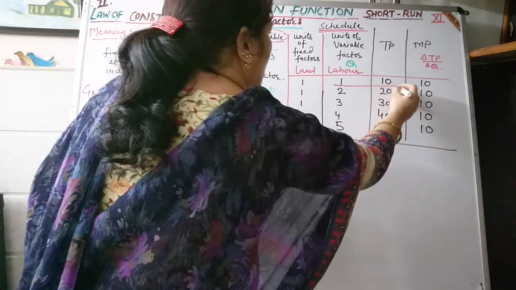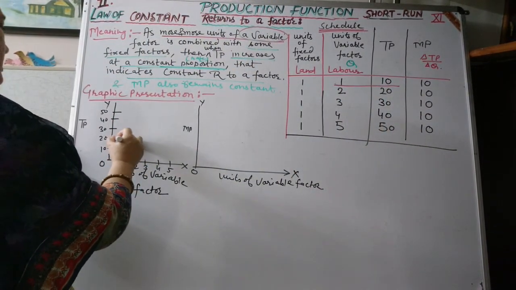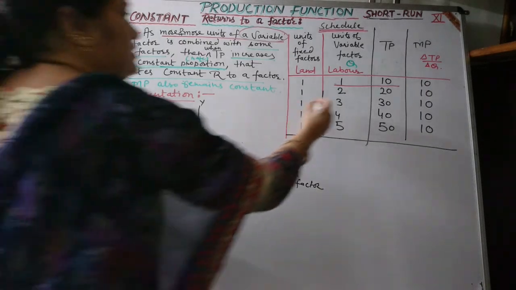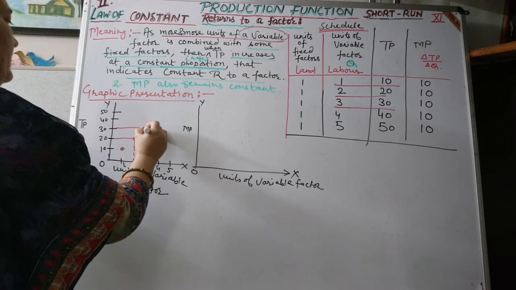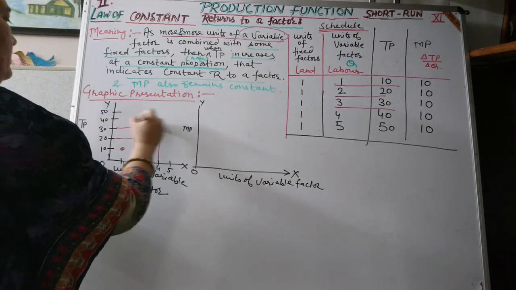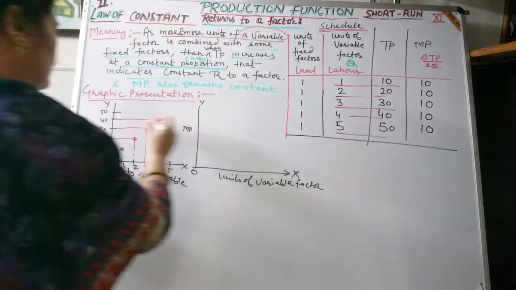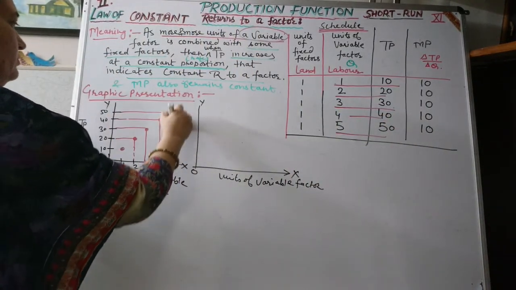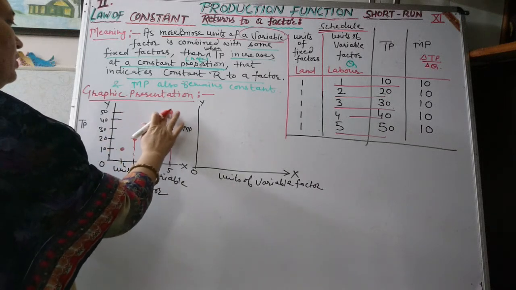At the first level of output, total production is 10. At the second level, total production is 20. At the third level, it is 30. At the fourth level, it is 40. At the fifth level, total production is 50. So let us join all these points.